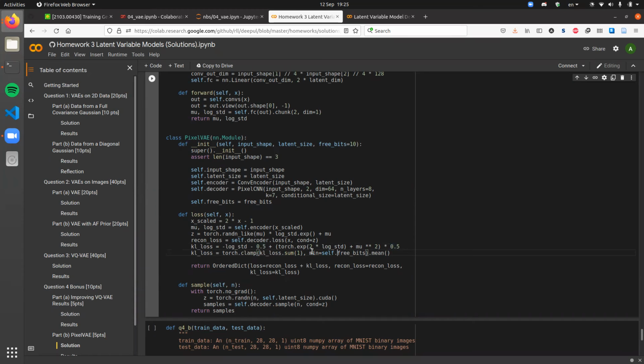It can be interpreted as we can encode information in our latent up to these 3 bits with no cost, right? Because the minimum of KL loss we can have for each entry of the latent is this 3 bits number.